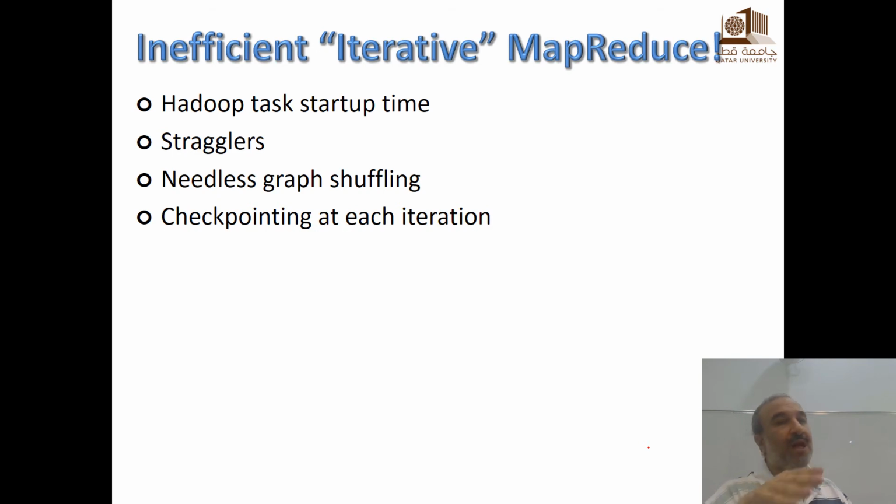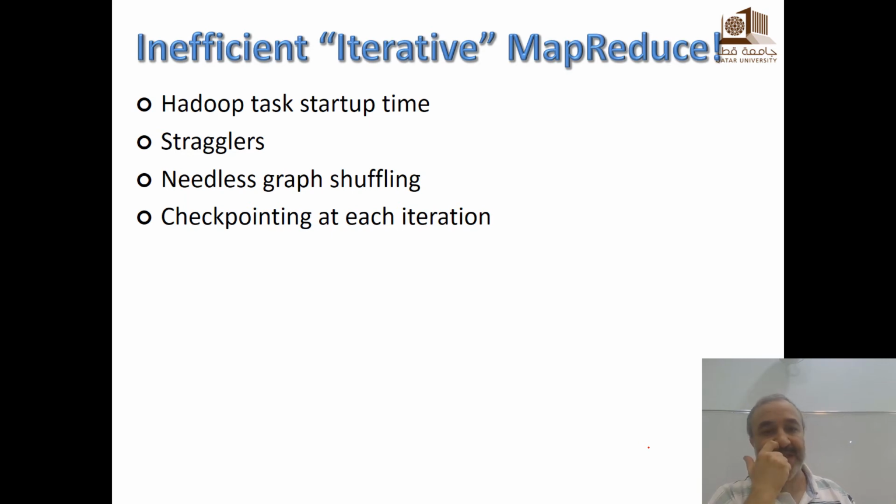But here we are not talking about failures in particular. We're talking about the tasks that take much longer than others, and that will slow down the entire process. If you think about an iterative algorithm, that will be even more severe, because we have so many iterations. If that happened in every iteration, then the entire pipeline will take much longer.